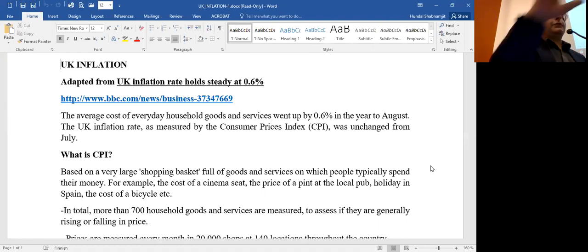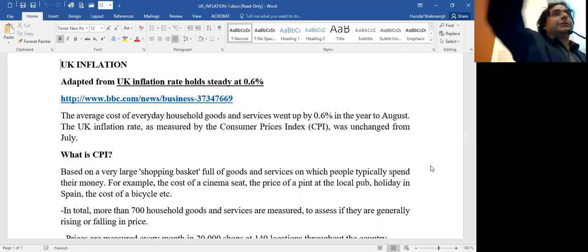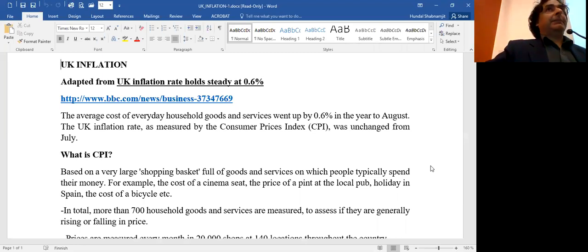Now imagine all of you have an average of 2,000 euros a month. But the price doubles. Everything you buy doubles. What happens? Your buying power is half now. So your 2,000 euros are worth 1,000 euros.